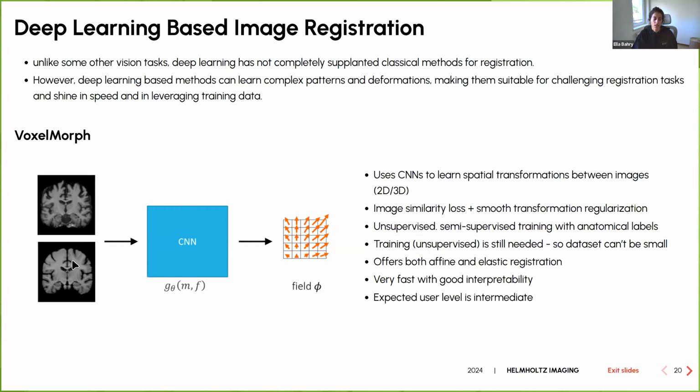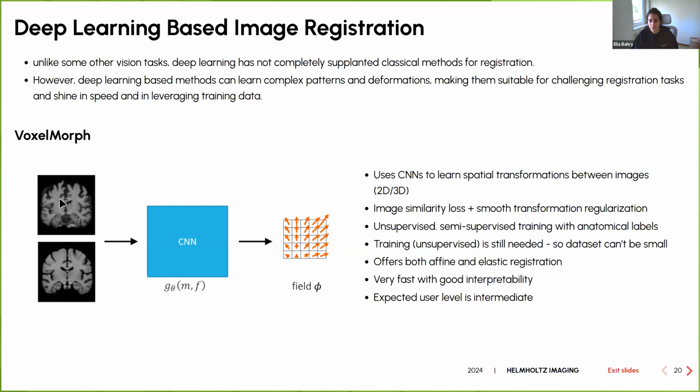And it does that by trying to minimize the similarity loss between those 2 images, so to find the transformation that makes those images the most similar, together with a regularization term that tries to make this deformation field smooth. So try to think about it as trying to make a sensible transformation that doesn't look too wiggly, where every pixel moves.